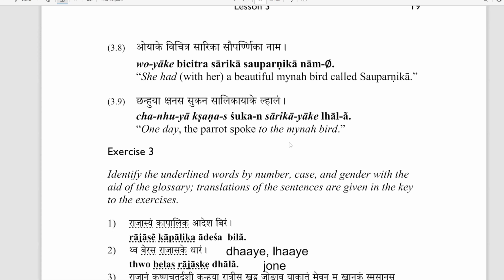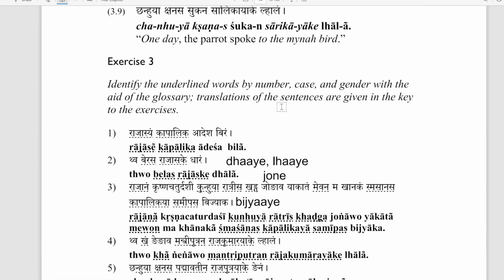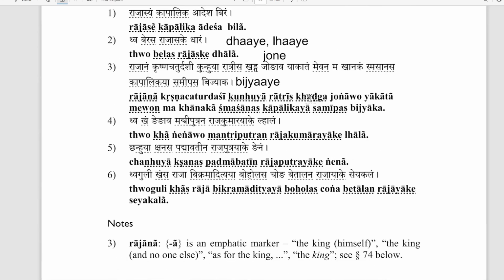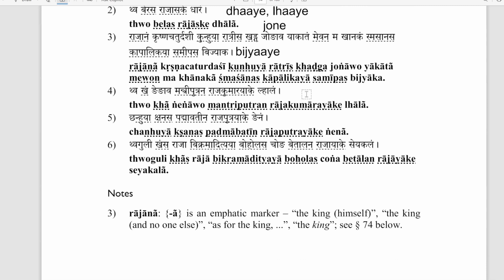The glossary says emphatic clitic. Oh, he already found out. Already found the answer. Okay, any other questions?